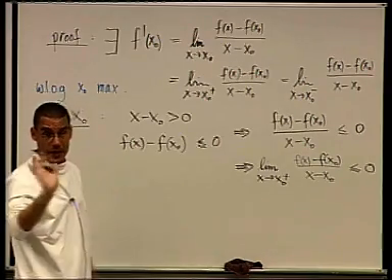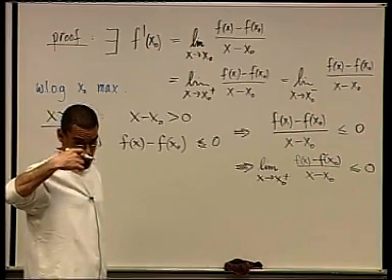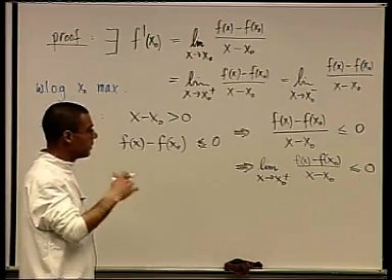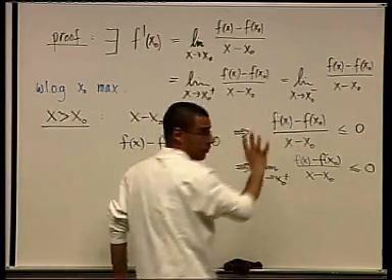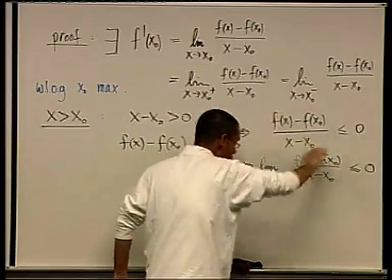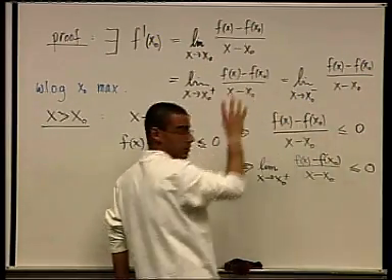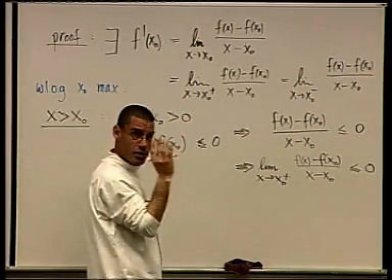We proved this as is, with just a function. Think of this entire expression as just a function. It's made up of stuff, but think of it as just a function.